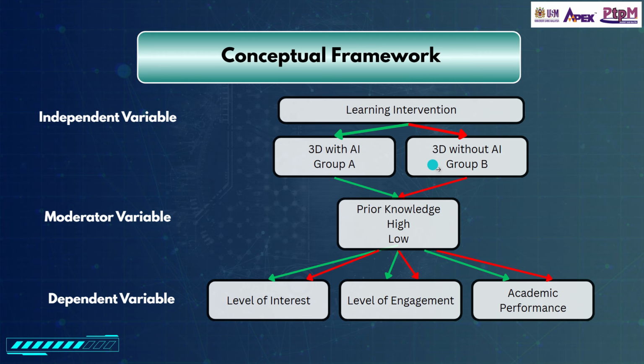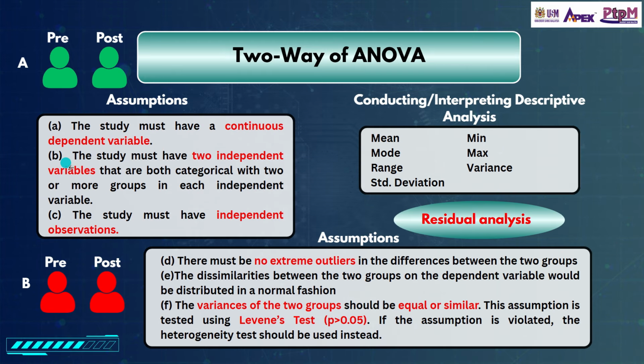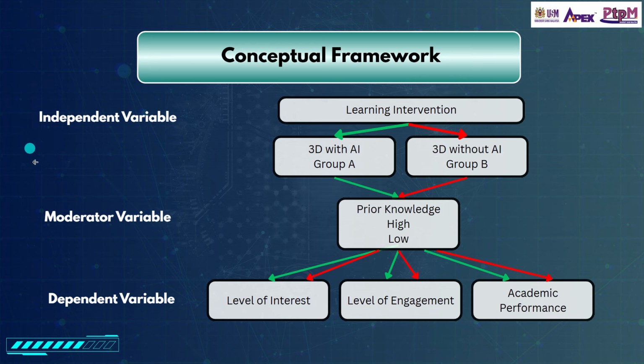Also, group B with high prior knowledge and group B with low prior knowledge. So the total number of groups here should be four. If we refer to this second assumption, two independent variables that are both categorical with two or more groups, we have two independent variables here that have two groups for each variable.